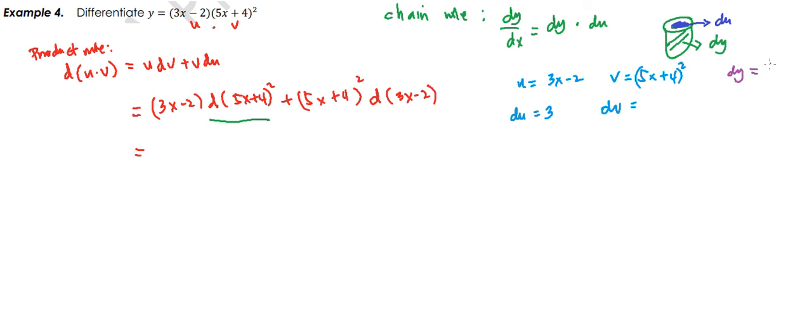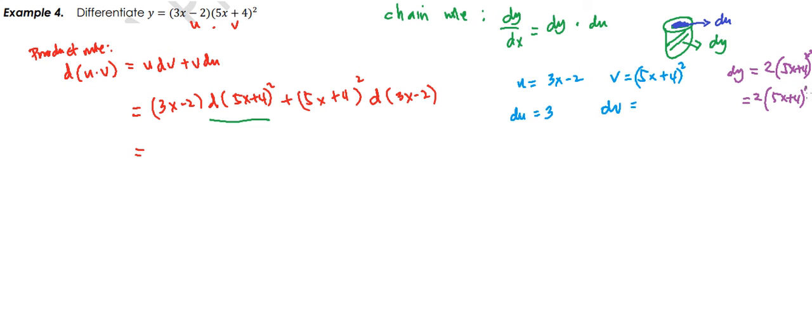So, if we're going to get the derivative of that, you have 2 times 5x plus 4 raised to 2 minus 1. Parang ganyan, di ba? Okay, so you have 2, kasi 2 minus 1, yun na rin lang siya.